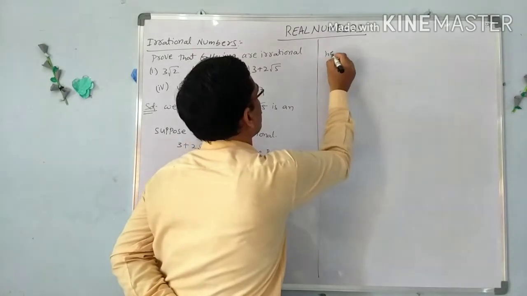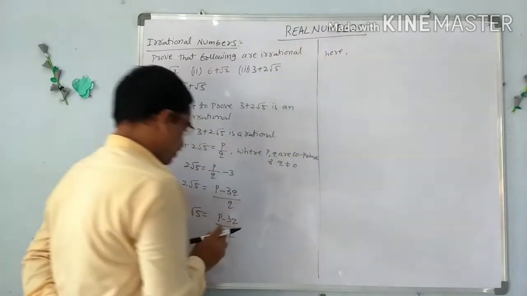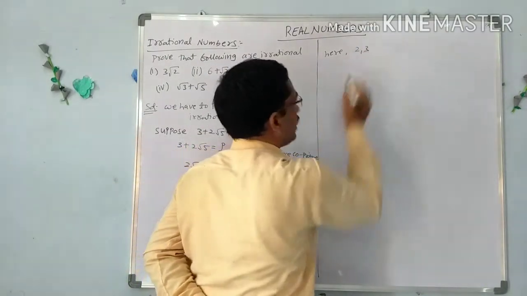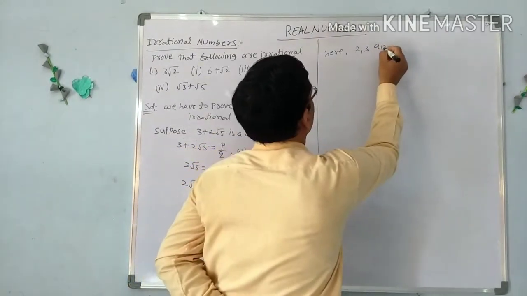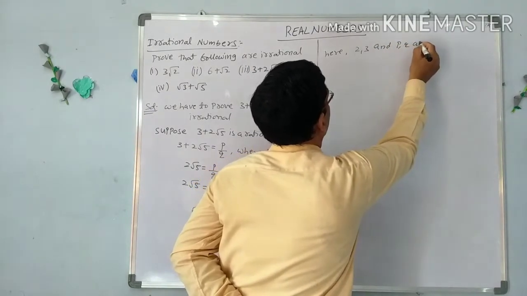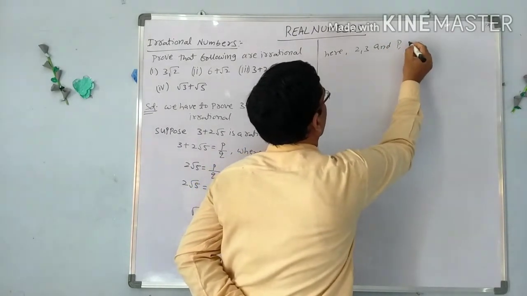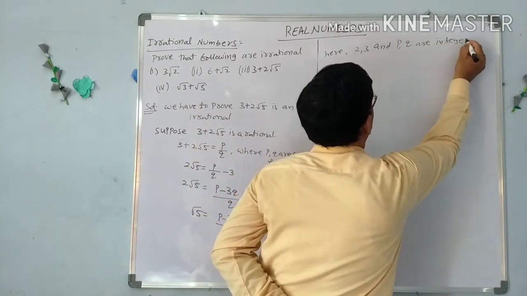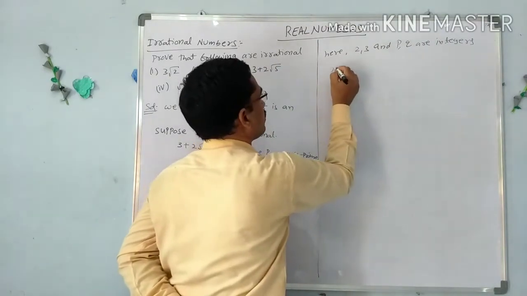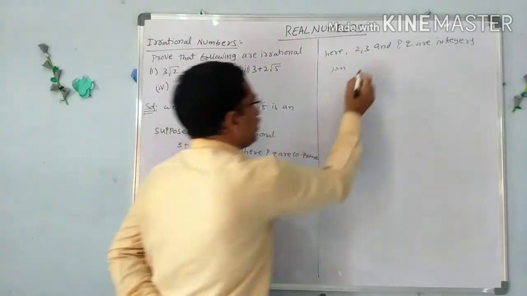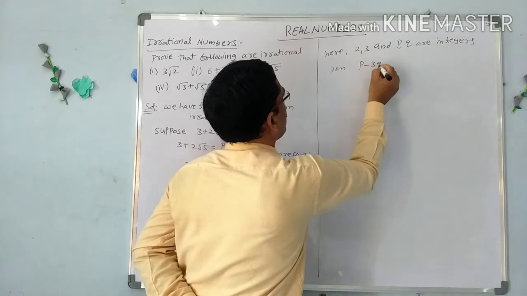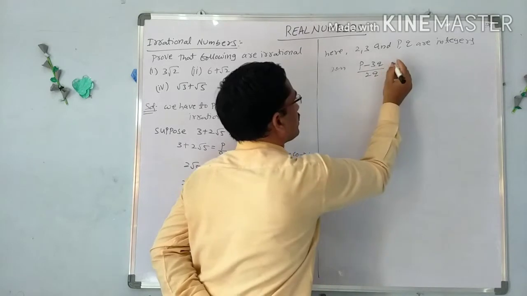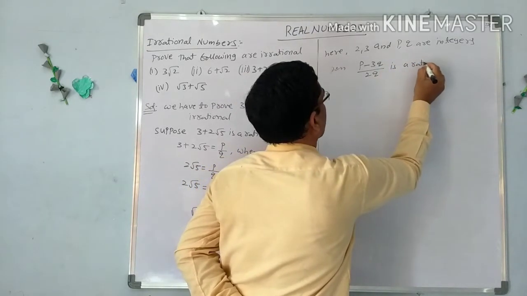See here, 2, 3 and p, q are integers, then p minus 3q by 2q is also a rational number.